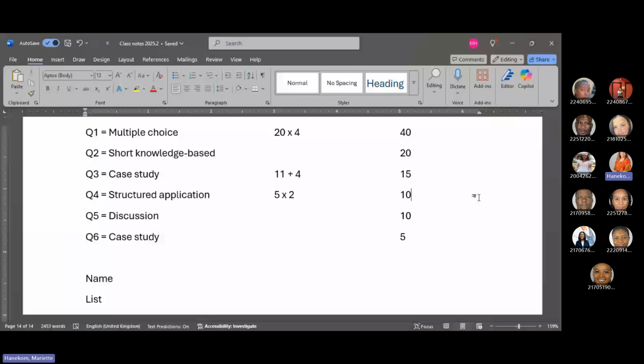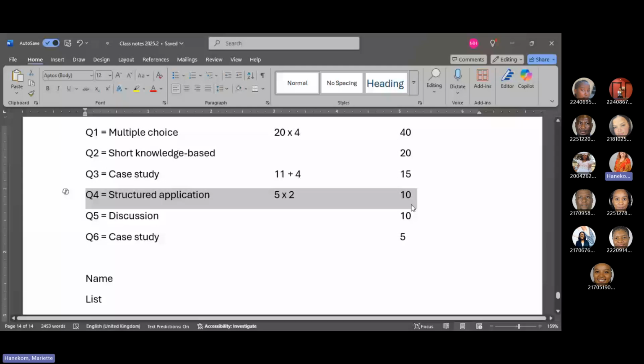What's your mark allocation? If it's just 4 marks, then obviously your answer is going to be shorter. I'm going to get back to the case study in a while.